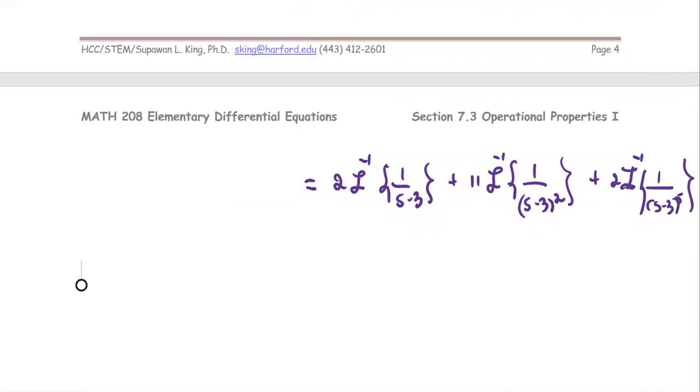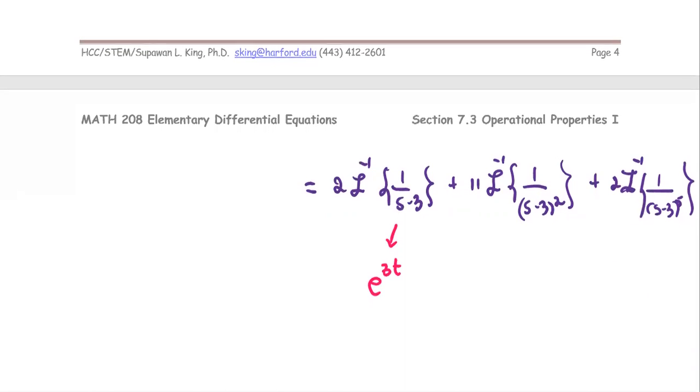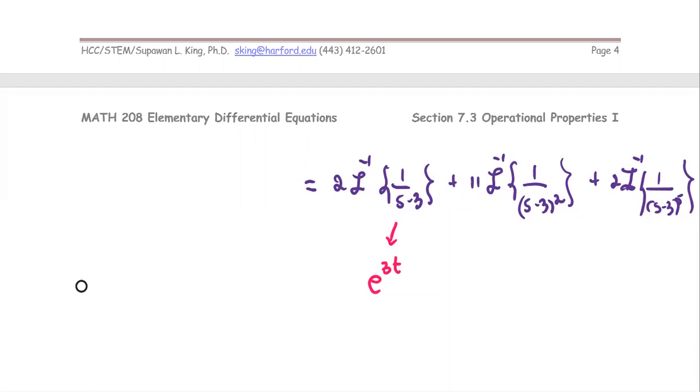So the first one would give us e to the power 3t. This one, you don't have to think about the translation. It is the direct use of the theorem, as 1 over s minus a is e to the power at. So the first one came out nicely without thinking too much.